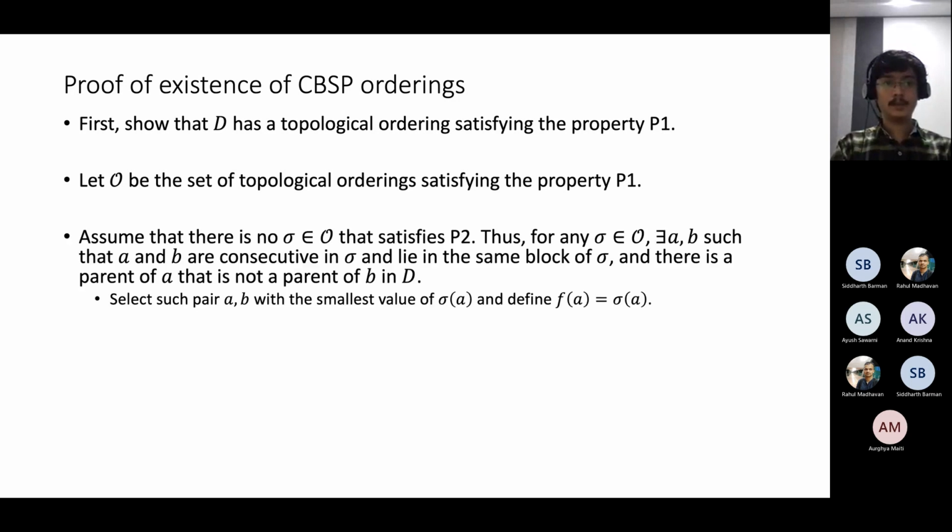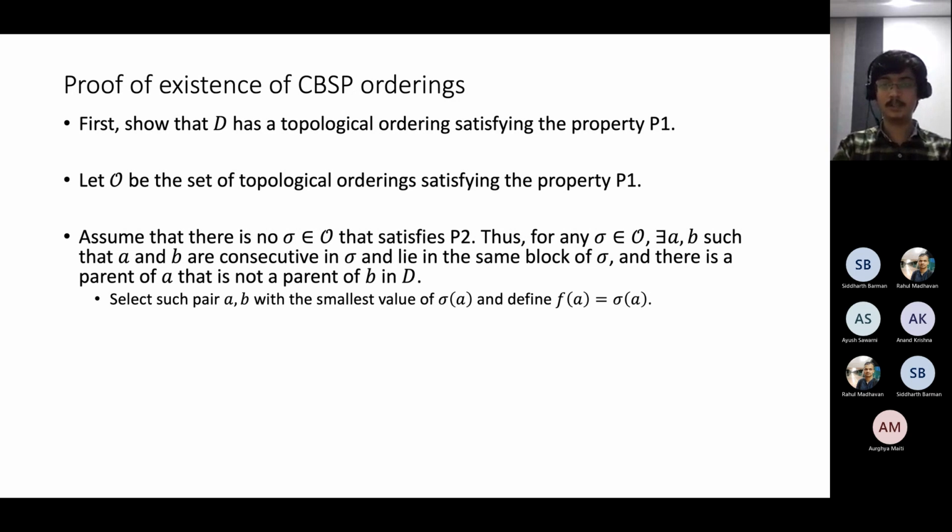We will try to prove that there is an ordering satisfying property P2 using contradiction. Assume that there is no sigma in O satisfying the shared parents property, or P2.